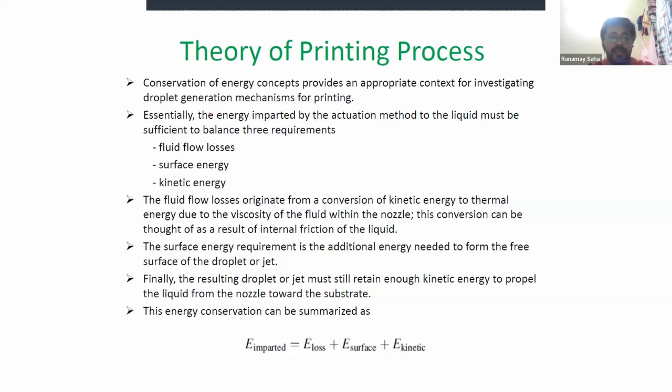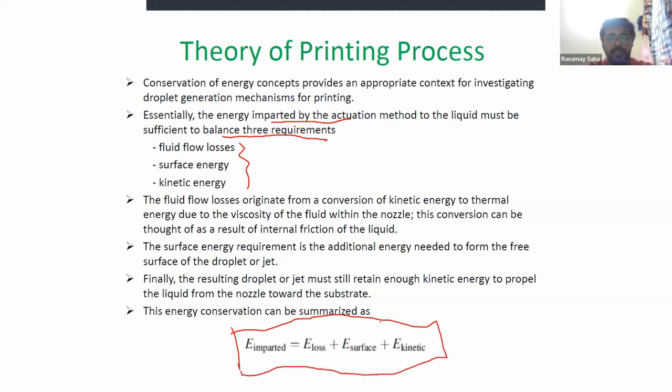In that case, the energy imparted by the actuation method to the liquid must be sufficient to balance three requirements: fluid flow losses, surface energy losses, and kinetic energy. The energy which is supplied should account for all these losses.